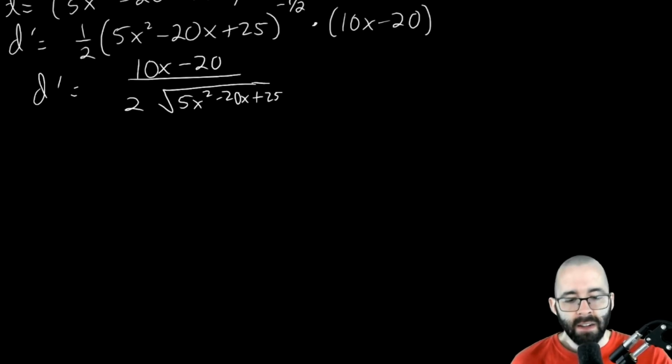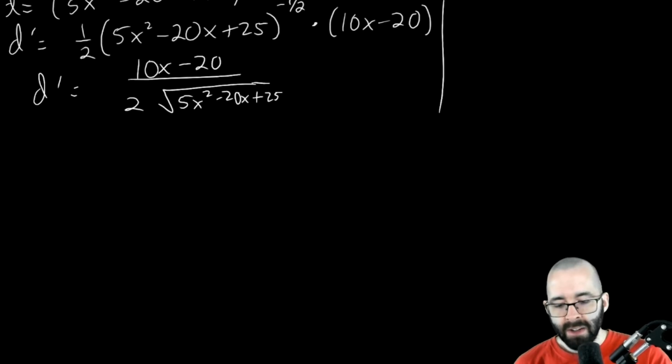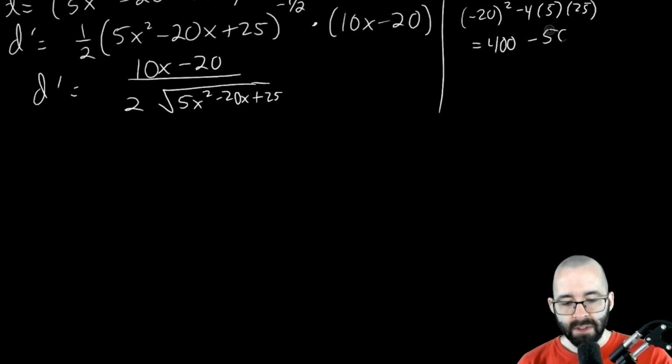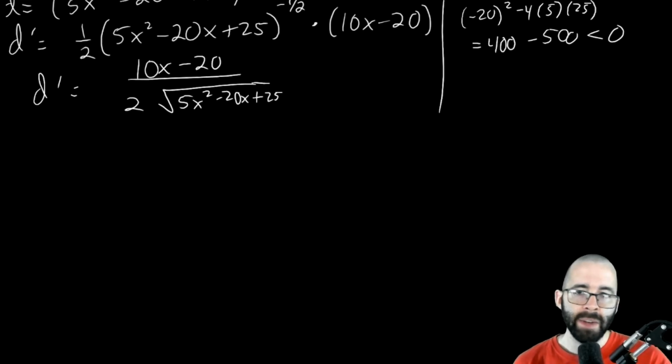And again, because my gut says this is never going to happen, if you want to check whether that has any solutions, just look at the discriminant, b squared minus 4ac. It's going to be 400 minus 500. Yeah, it's negative. So it's going to be defined everywhere. That denominator is never equal to 0.